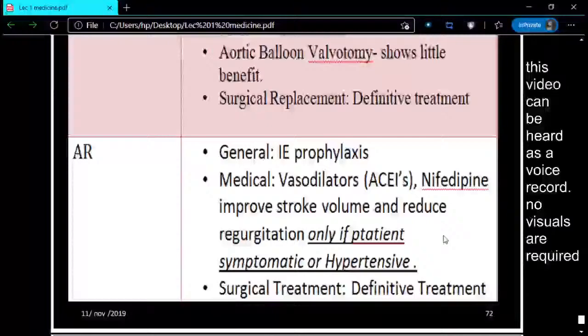Nifedipine is used with the hypersensitive. The ventricle is treated surgically.